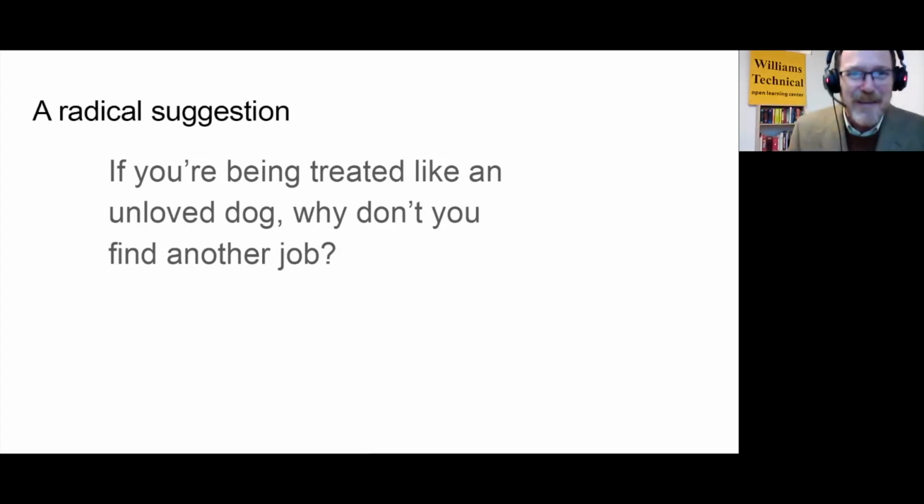I chose the dog metaphor because I want to be light and friendly and have something memorable. But you're not dogs. And if you're being treated like a dog, and I don't mean treated like a good dog, but treated like a bad dog, then go find another job, right? Sometimes we're reluctant. Sometimes we have that self-doubt. Sometimes we think that we just have to put up and take it.